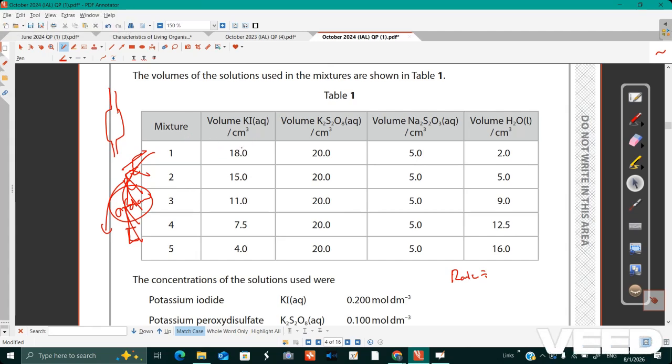But when you look at the number of decimal places, it may seem like they have not used the burette, because if they were using the burette, they would write the values up to 2 decimal places, but they have given only 1 decimal place.